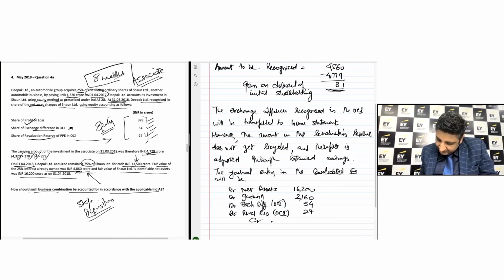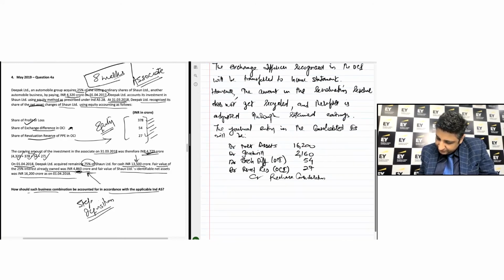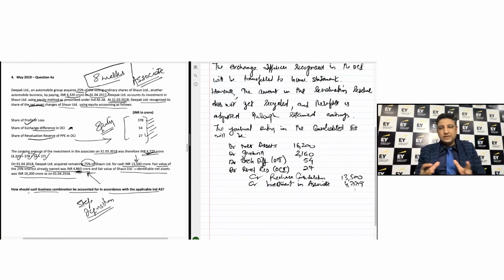And then we say credit purchase consideration, which is 13,500 crores. Credit investment in that associate, we already had 4,779. So we need to, of course, de-recognize that.